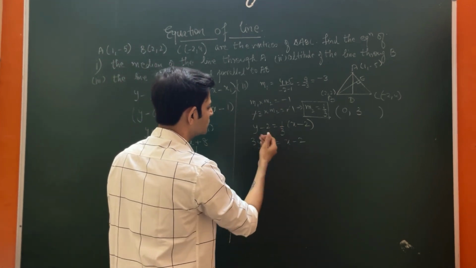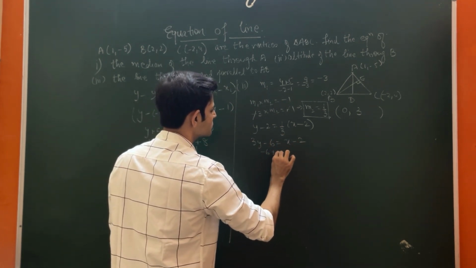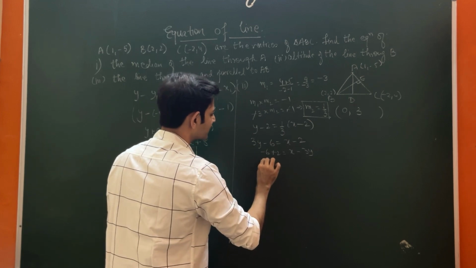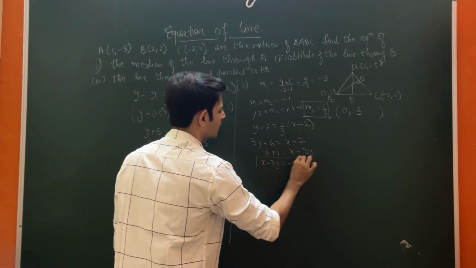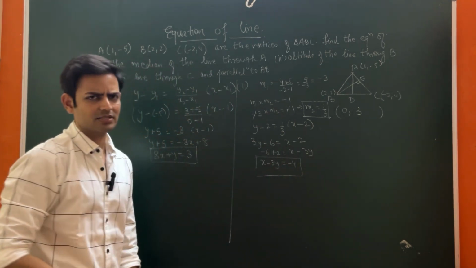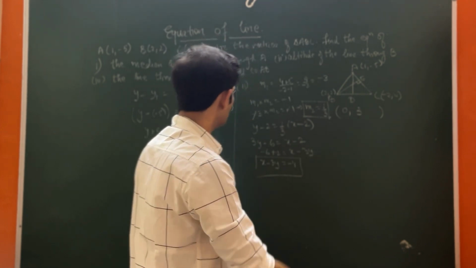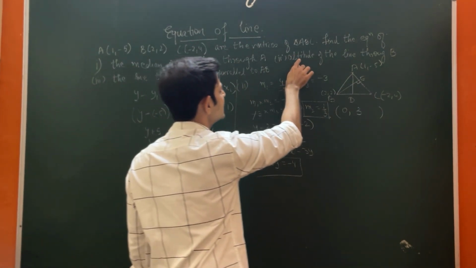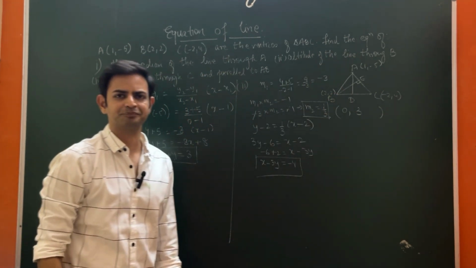So that will be equal to minus 6 plus 2 is equal to x minus 3y, or x minus 3y is equal to minus 4. You can take this minus 4 on this side as well, so that's also fine. You can rearrange them as you like it. So x minus 3y is equal to minus 4 is the equation of altitude of the line through B.